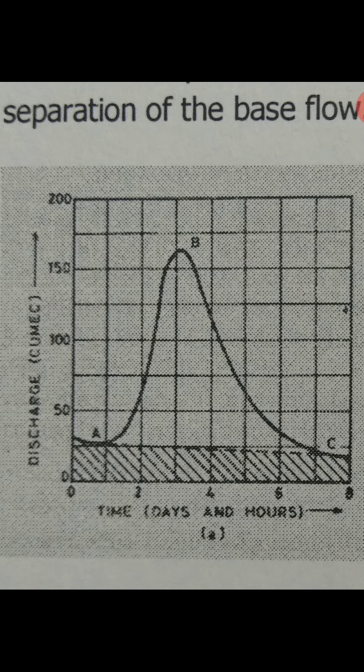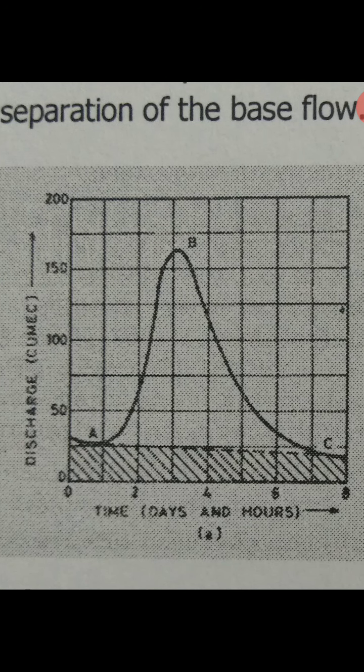What are those three methods? One is base flow may be separated by simply drawing a line AC tangential to both the limbs of the hydrograph at its lower portion, as shown in figure A. You can see on the screen the first figure, that is figure A. The shaded portion below line AC represents the base flow.